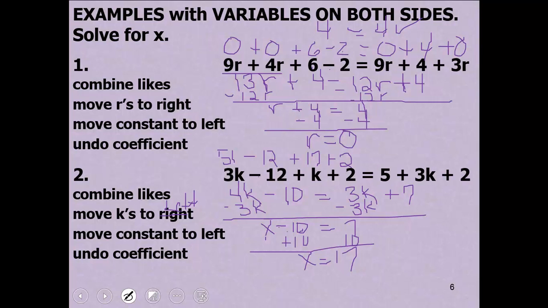So 51 plus 17 is 68, plus 2 is 70, minus 12, that would be 58. And then I have 5 plus 17 times 3 is 51 plus 2. So I have 51 plus 5 is 56 plus 2 is 58. And 58 equals 58. So it checks. Good to go.